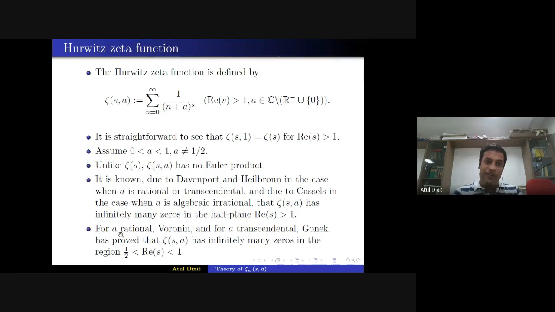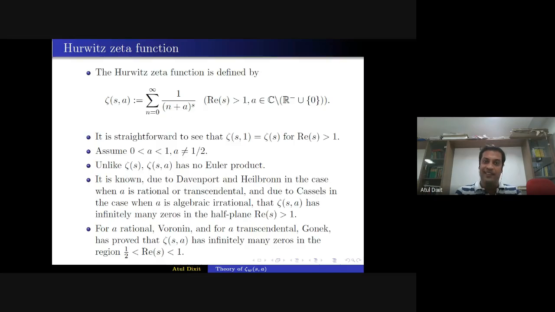Also, for a rational, Voronin, and for a transcendental, Gonek, in his PhD thesis, has proved that zeta of s comma a has infinitely many zeros in this strip, which is half of the critical strip. So an analog of Riemann hypothesis is false.